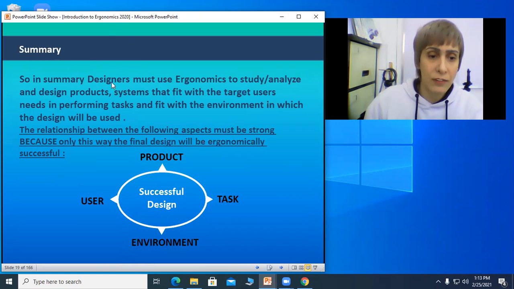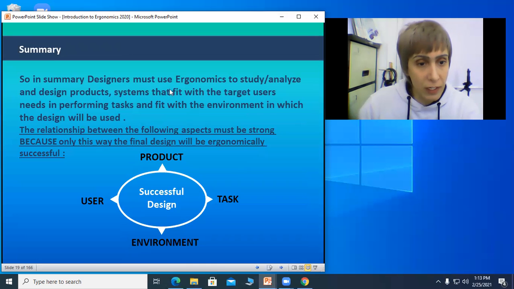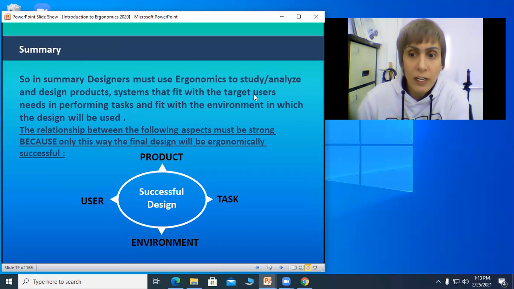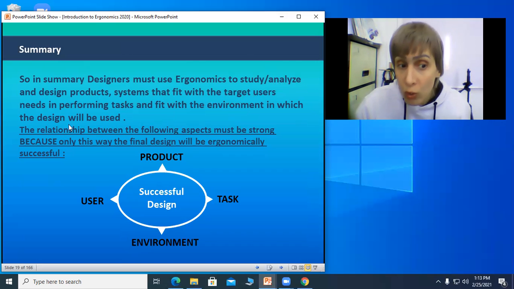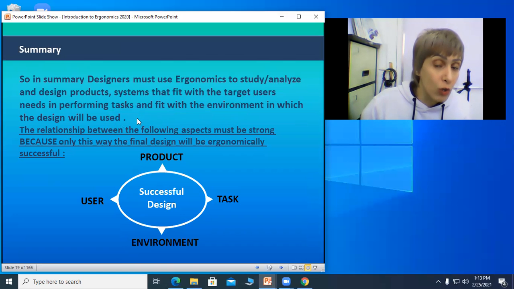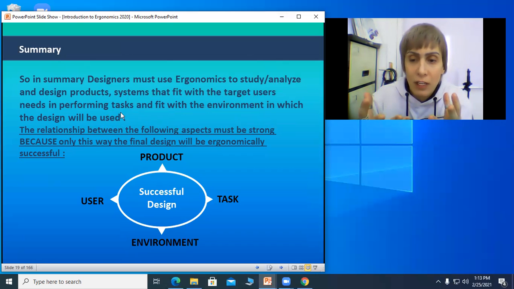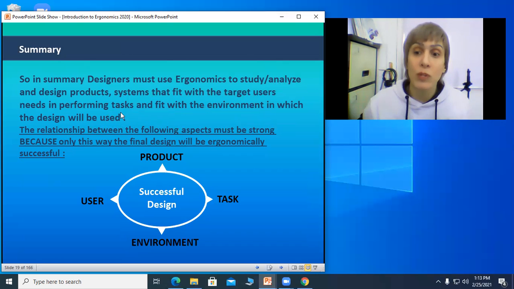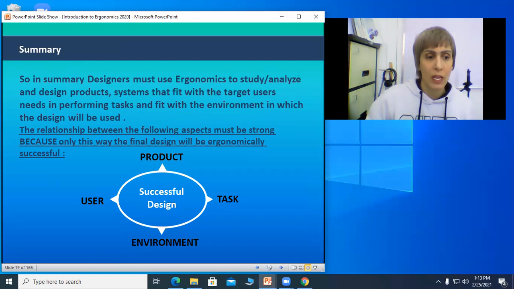So, as a summary, designers must use ergonomics to study, analyze, and design products and systems that fit with the target user needs to perform tasks, and also to fit with the environment in which the design, the product, whatever, will be used.